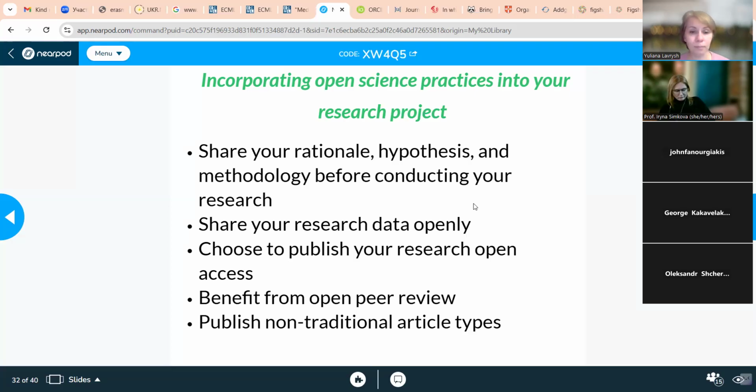You absolutely benefit from open peer review. You do not accept critique as something horrible that might kill you. No, it's an absolutely normal process when someone wants to improve your research or your paper. And you can publish non-traditional article types. It means preprints, pre-registration, just a data set, or just software. So these are non-traditional article types.